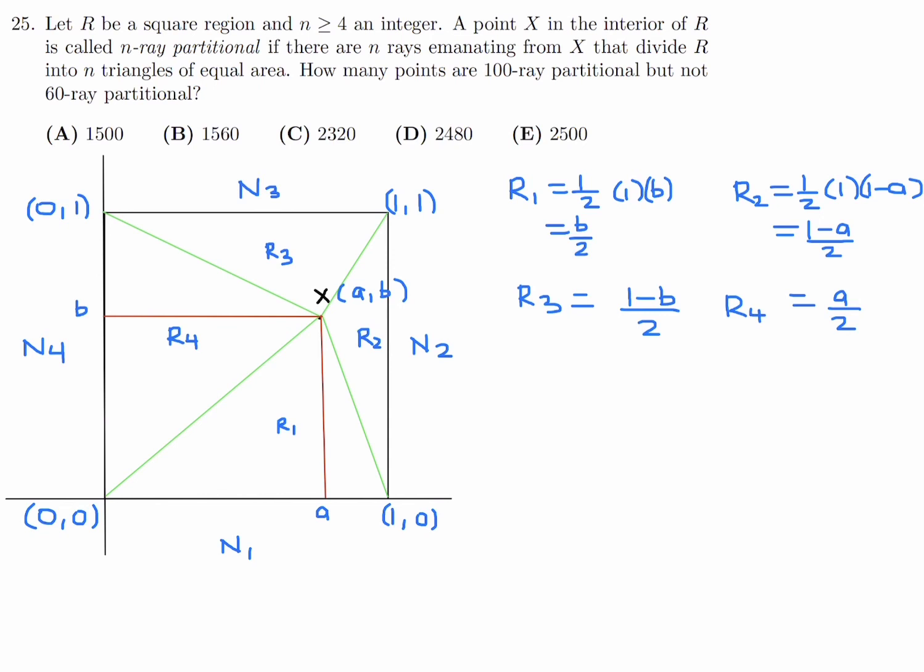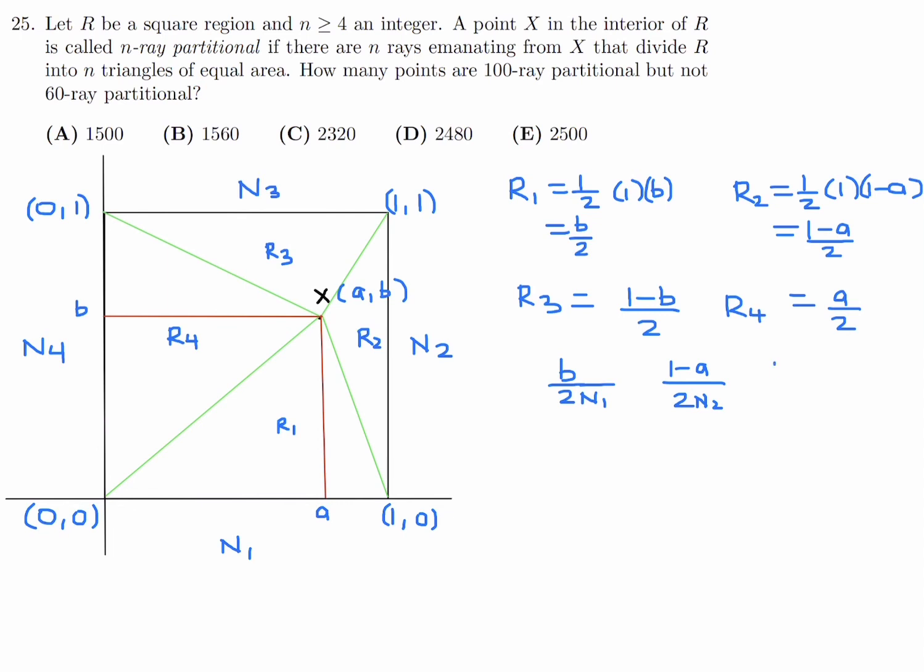So that means that R1, when it's divided by N1 segments, each of those segments is B over 2N1 in terms of its area. And then similarly, when you do that with R2, each of those segments is (1 minus A) over 2N2 in terms of its area.